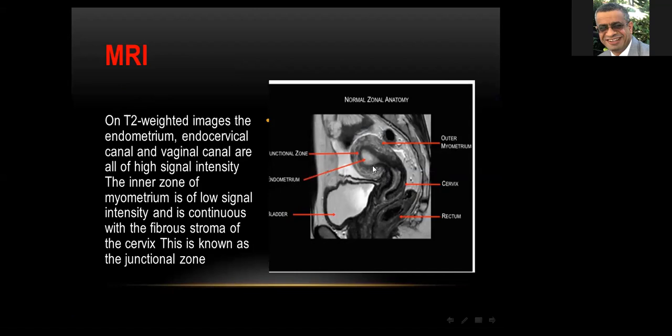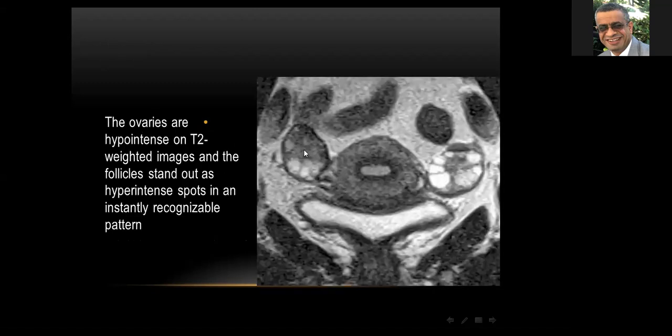It is of low signal intensity, and the outer myometrium will be of intermediate signal intensity. The ovaries are hypo-intense on T2 weighted image, and the follicles stand out as hyper-intense spots in a recognizable pattern. Here there is the uterus, and here there are both ovaries.